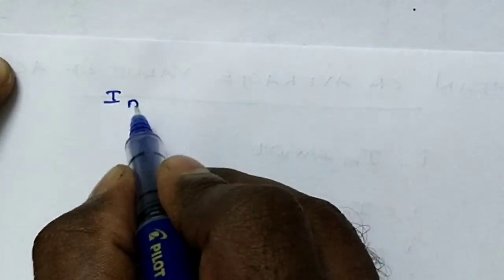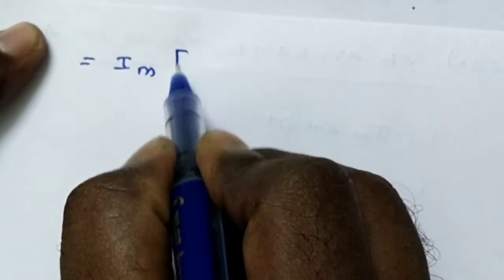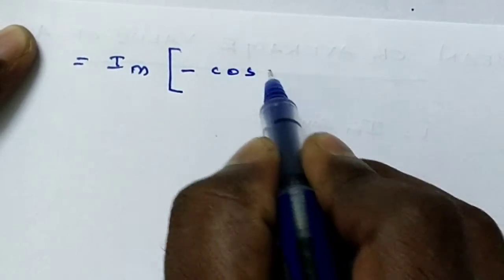Im is a constant value, so take it out. The integral of sin theta is minus cos theta.